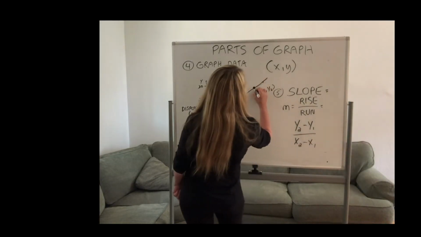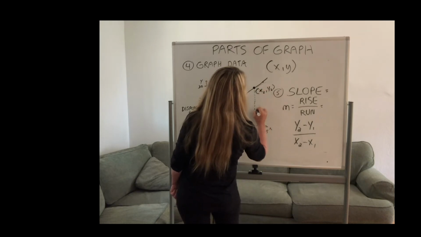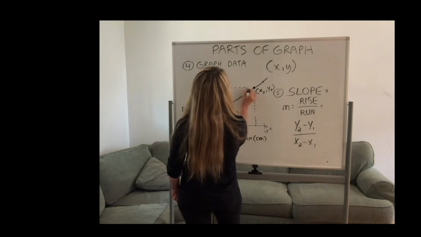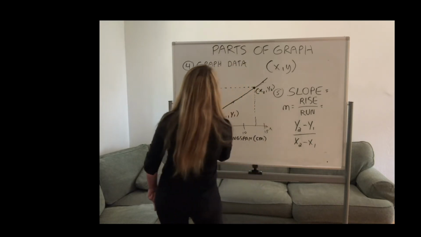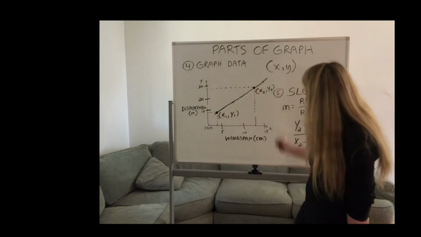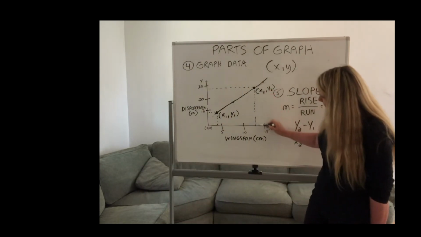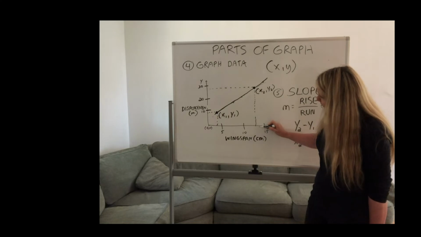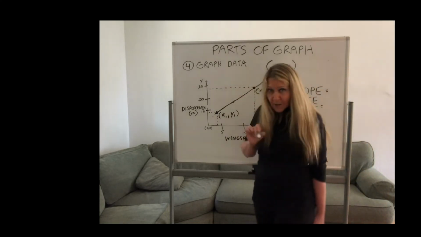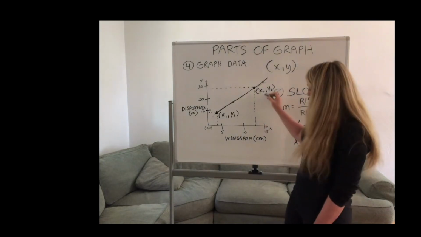From this graph, I'm going to figure out where each point lines up with the x-axis and where it lines up with the y-axis. That's how we're going to determine this point.